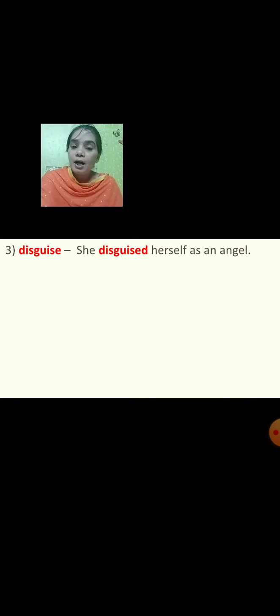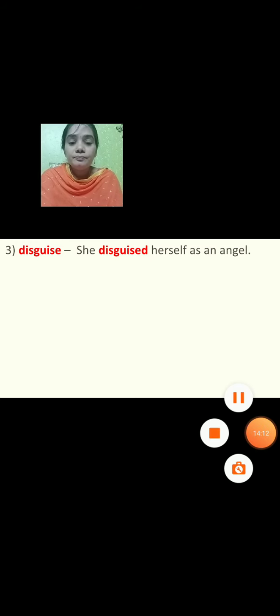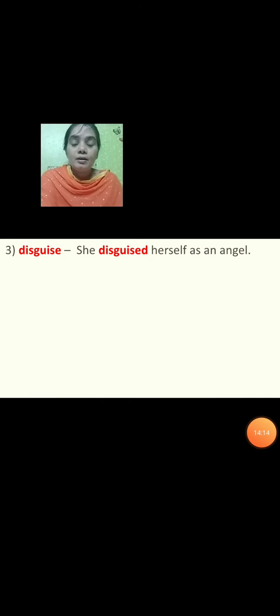She disguised herself as an angel. What is the meaning of disguised? We learned: hide. She disguised herself as an angel.